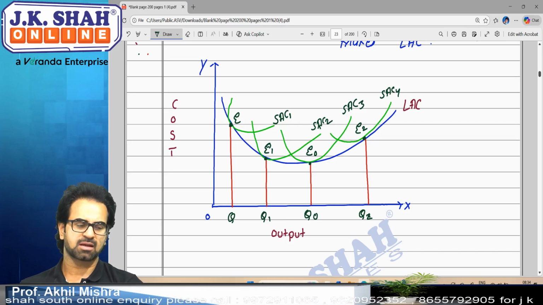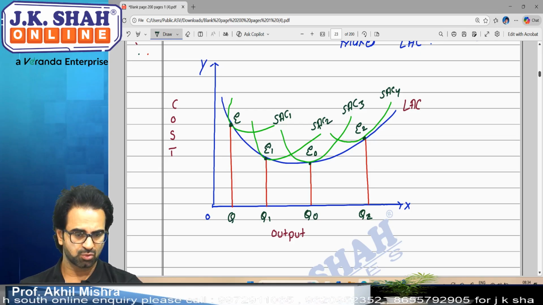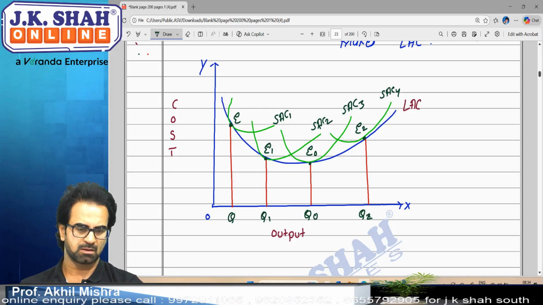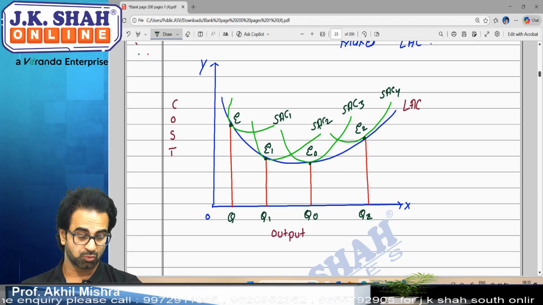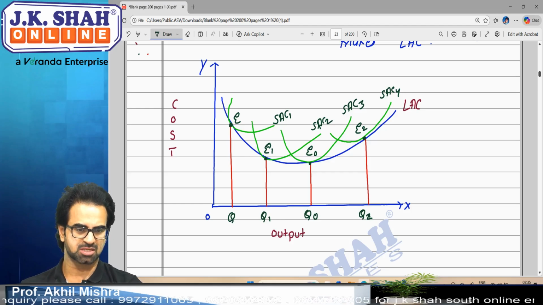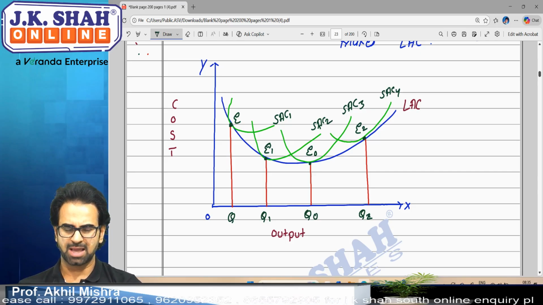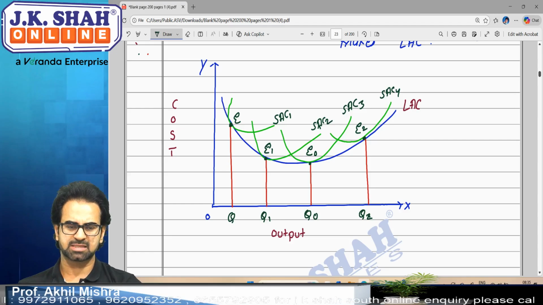And when the company produces more than OQ0, that's OQ2, again cost starts rising.